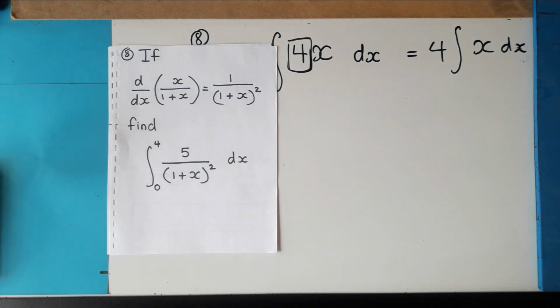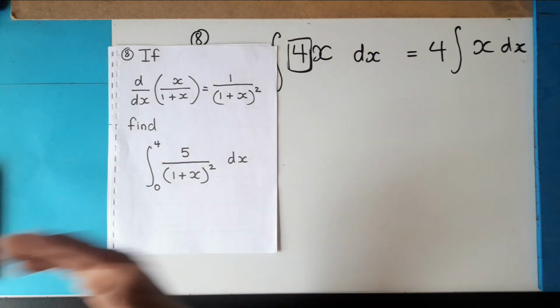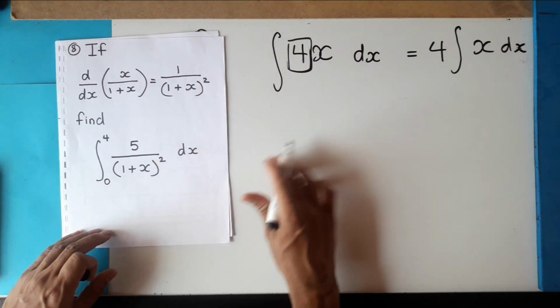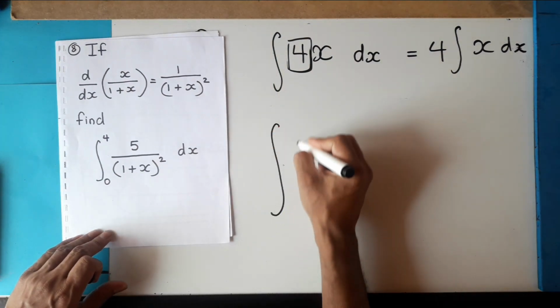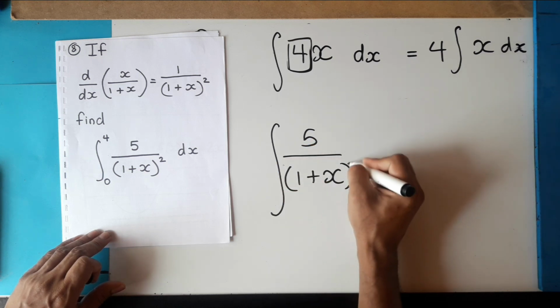So you can think of differentiation as a forward direction, and if you want to reverse the process, you integrate. Okay? So it's like forward and backwards. So they want you to find this guy here. So let's put this into play here. We have 5, and then we have 1 plus x and the square.